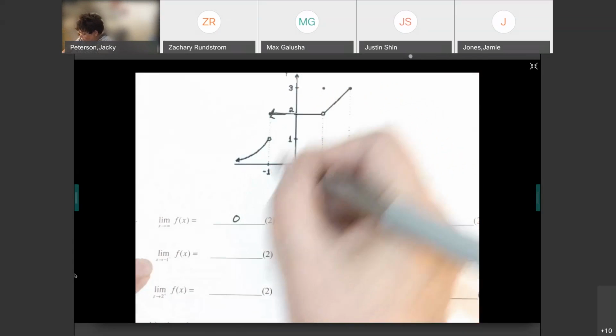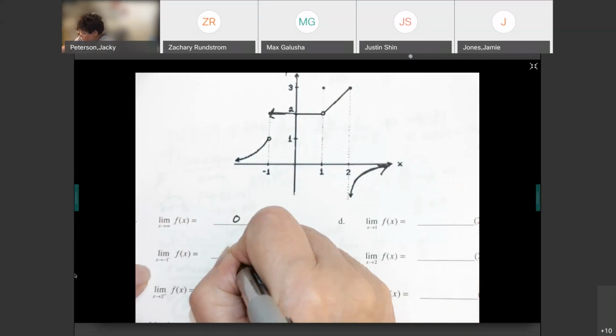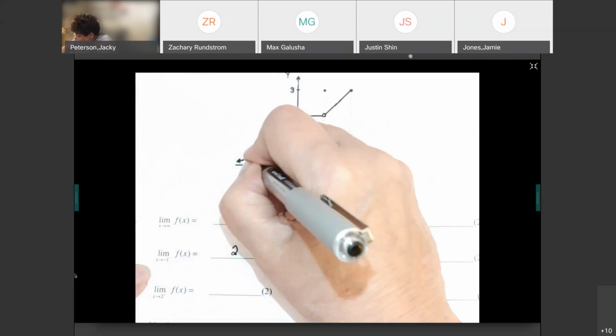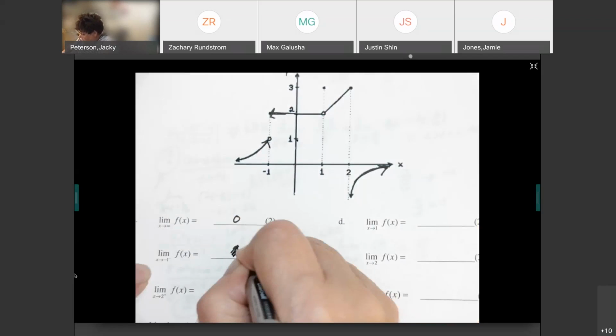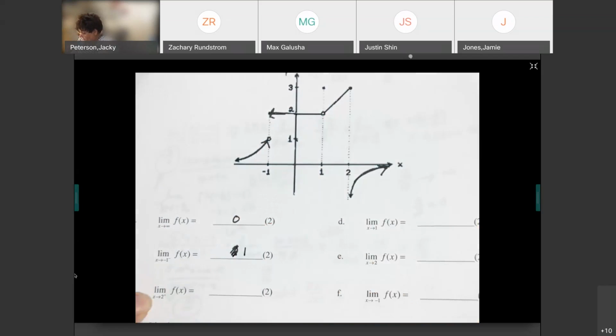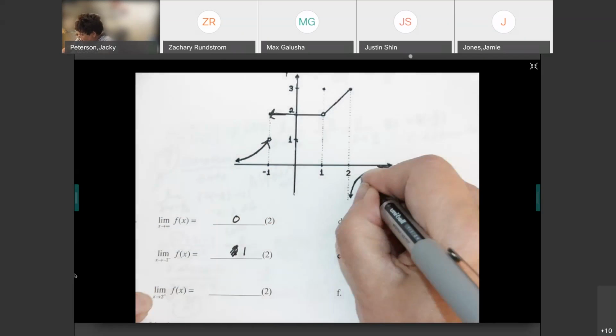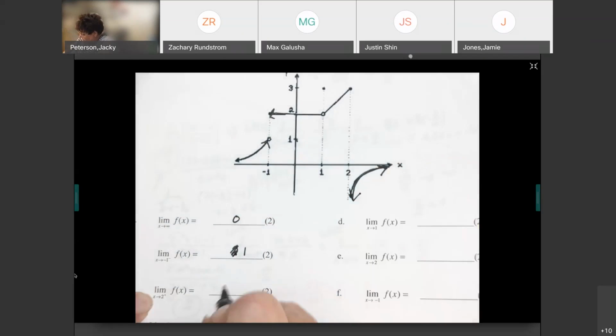He's at 2. Or left, I'm sorry, left. He's at 1. 2 from the right is -infinity.